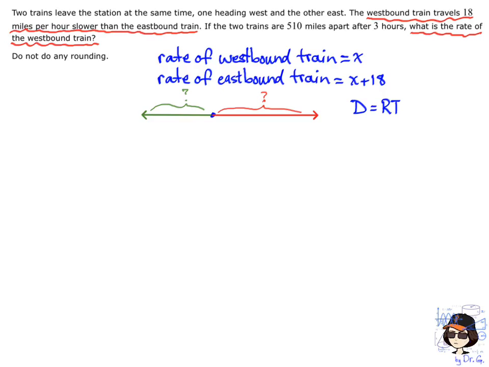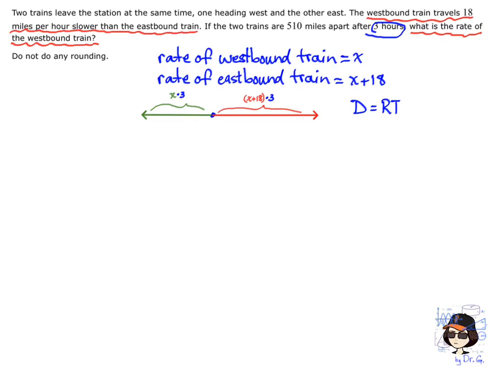So for the westbound train, the rate we said was X. And the time in this problem is 3 hours. And the other train, the eastbound train, the distance is the rate, X plus 18, and the time is 3 hours. So rate times time.